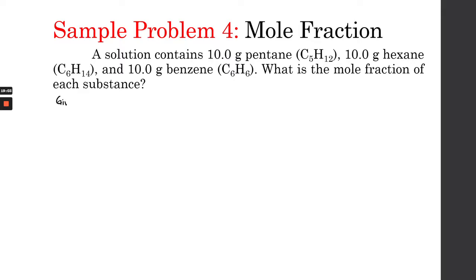So let's begin by writing our given. We have 10 grams of pentane, C5H12, 10 grams of hexane, C6H14, and 10 grams of benzene, C6H6.